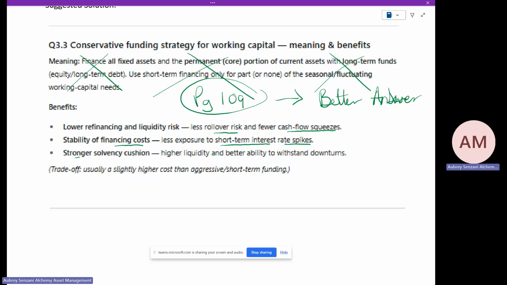Then a stronger solvency cushion, higher liquidity, and better ability to withstand drawdowns. And there you can see the trade-off: usually slightly higher cost than the aggressive or short-term financing approach.